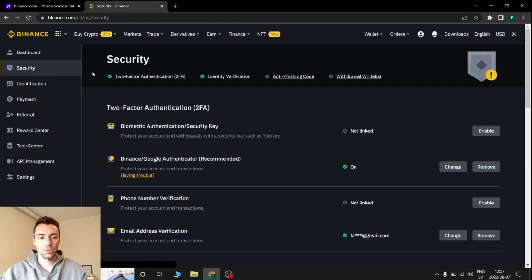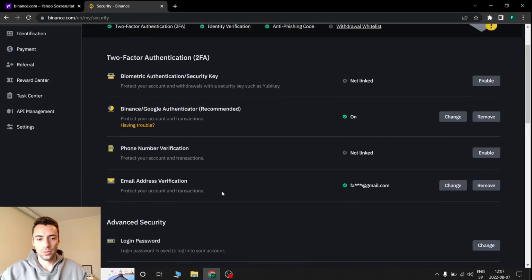In the security part, actually you have to verify your account to increase the security of your account. These are some other types of security options. We have done the identity verification, but what is the anti-phishing code?